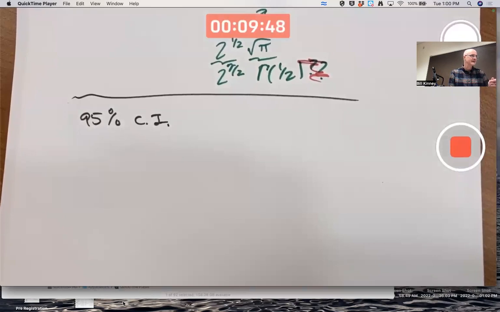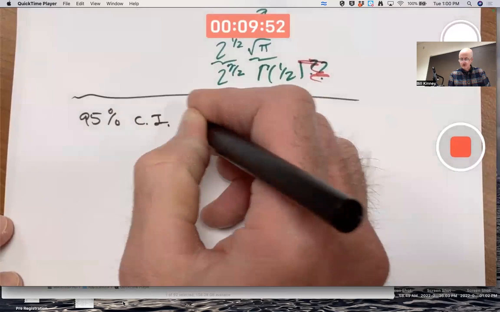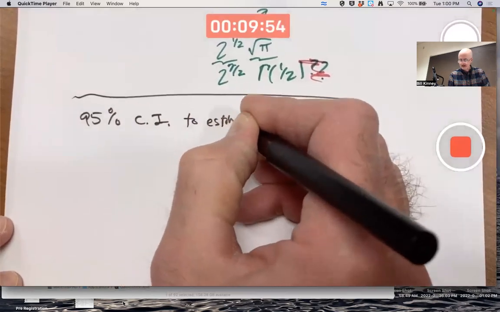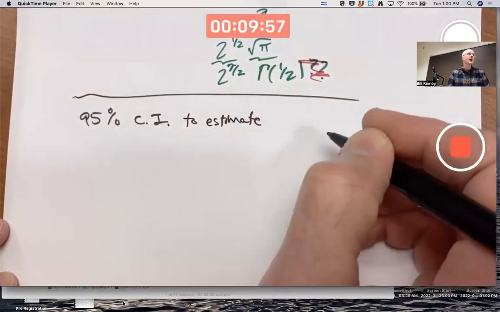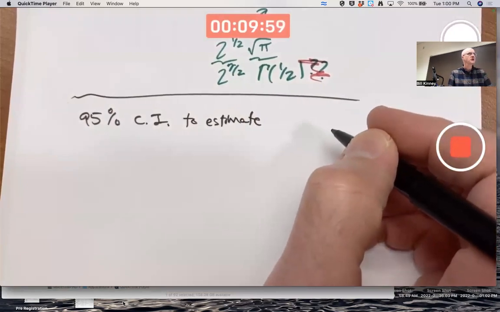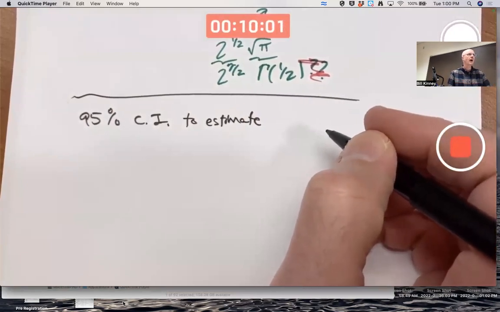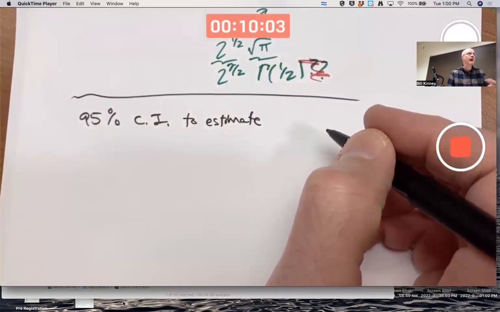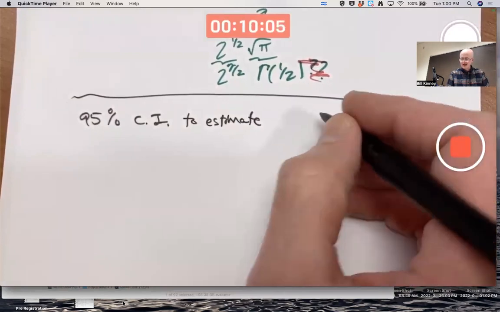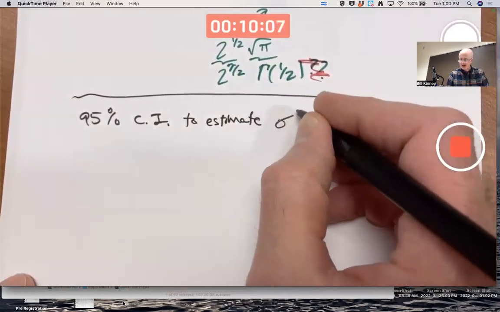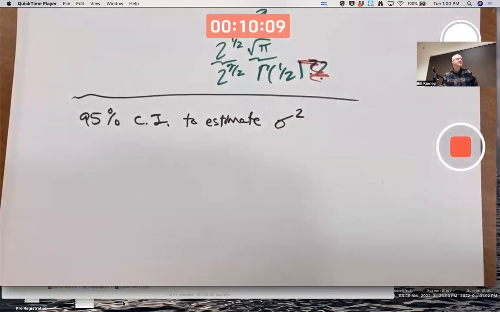It's always to estimate a parameter value for the population. Your one problem for today was to estimate mu, a population mean. Here, in this problem I'm about to make up, we're going to estimate a population variance.